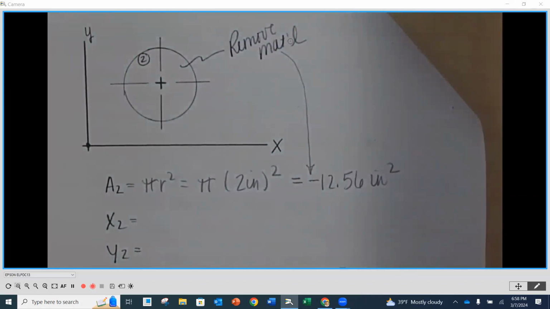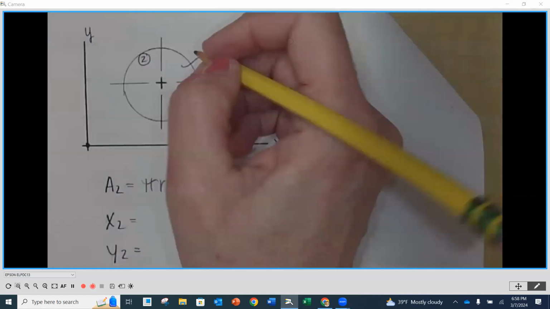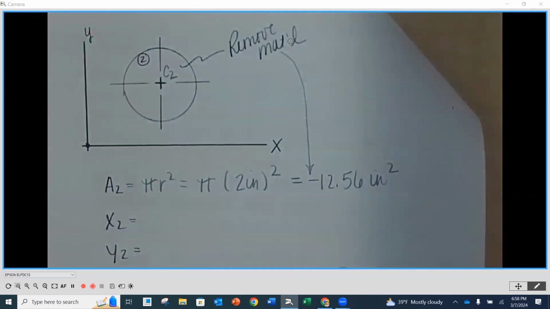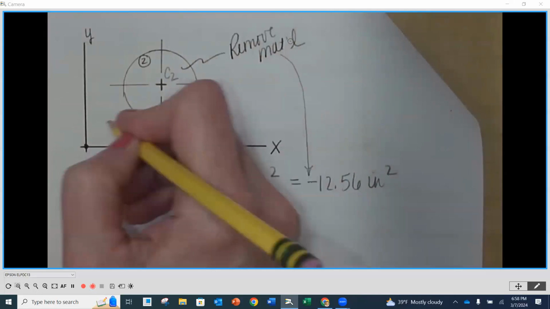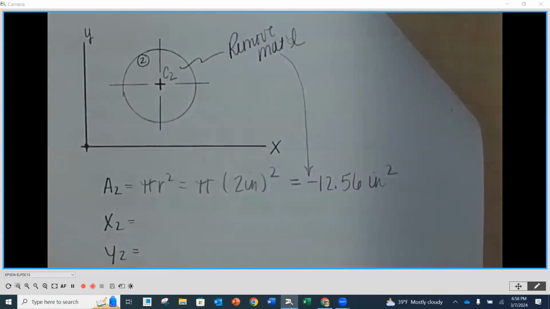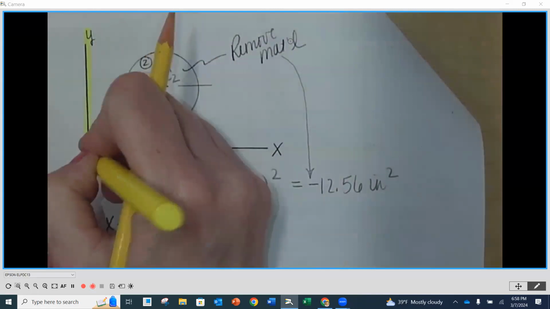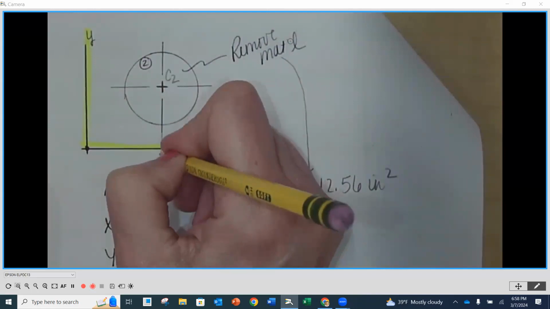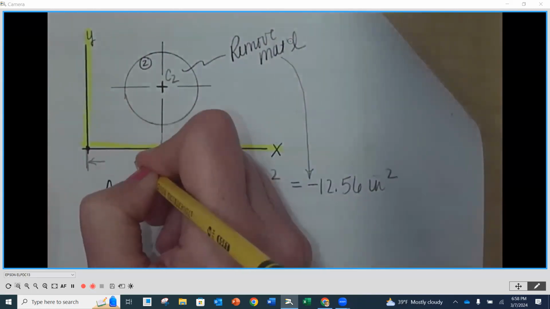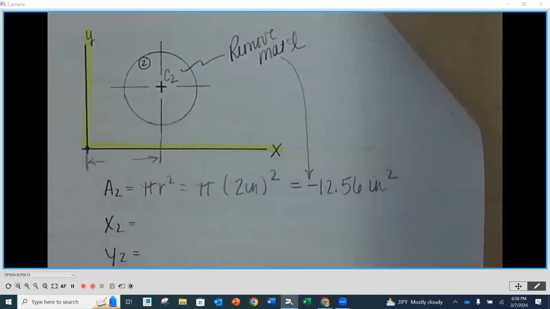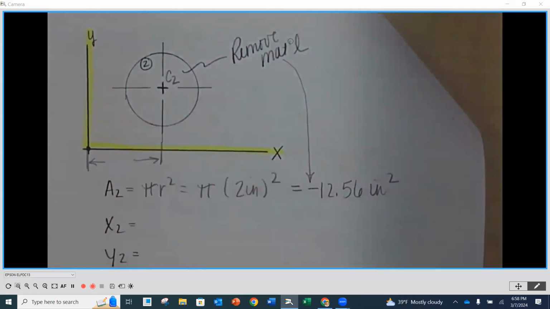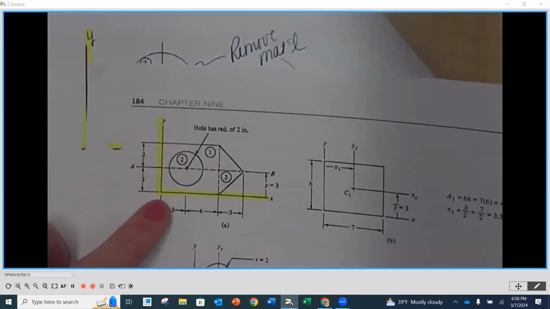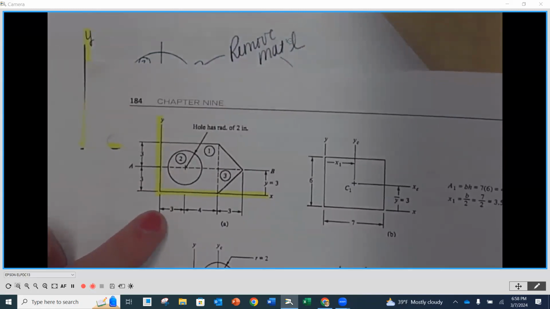And then we're going to do the same thing for the X2 and the Y2. We're going to find the centroid of our hole, which is right here, C2, right at the center of that circle. And then now our distance is going to come from the reference axis. So I'll highlight that again. These distances have to come from the reference axis that's identified. So for our first one, it's going to be this distance right here. It's going to be a horizontal distance. And from the original diagram, it's 3 inches to the right.